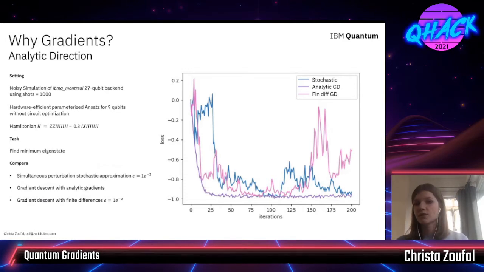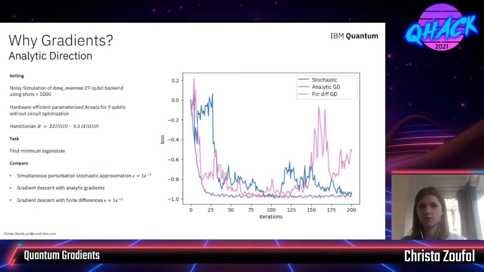Now, what is interesting here is that the analytic gradients still seem to work fine, but the noise in the system seems to give the other 2 approximate methods a bit of trouble.